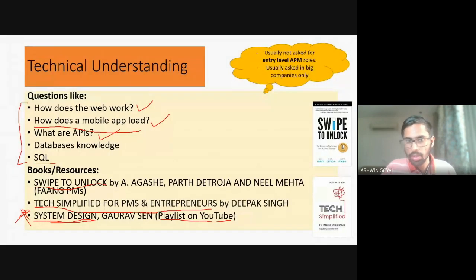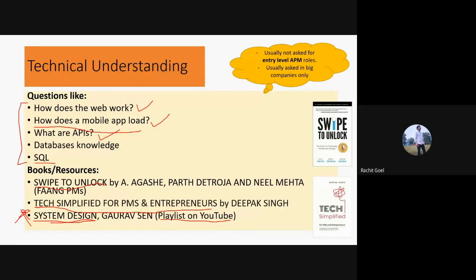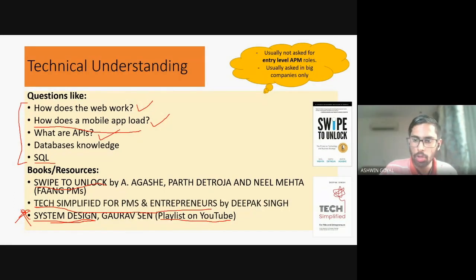Any questions still here? So, do you recommend reading these books at this stage? If you want to, let's say, try for Google APM or the top APM programs, then you definitely need to learn tech, system design, databases, all of that. But if you're interviewing for Indian startups, or even small companies in India, then you can skip all of this.